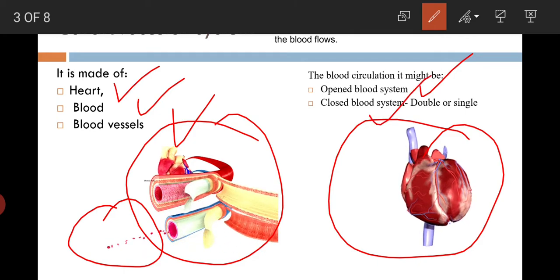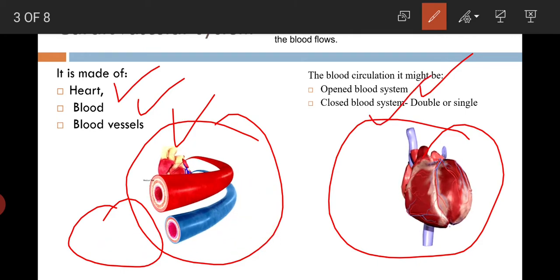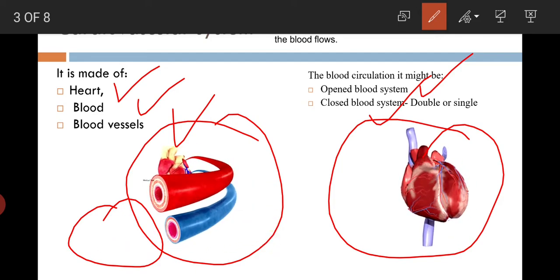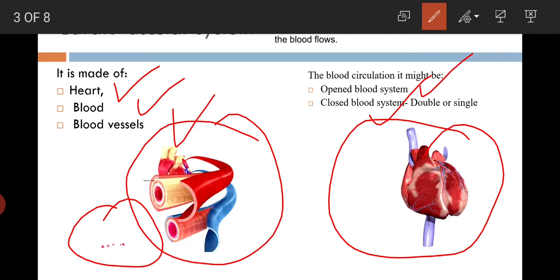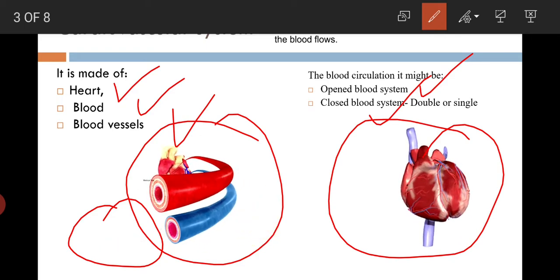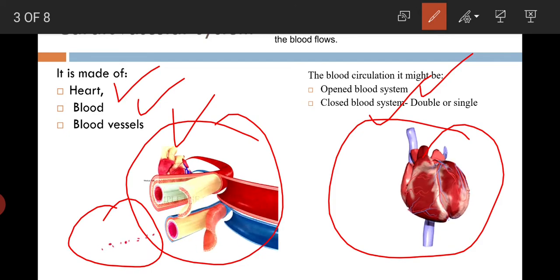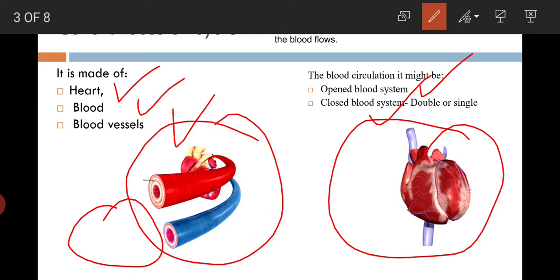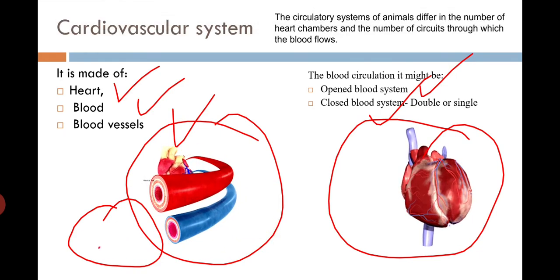Open blood system is seen in simple organisms in which blood is able to get out of the blood vessels to go to the tissues and transport oxygen and nutrients, while closed blood system might be a double or single closed system. Double means that the blood moves twice through the heart, and single means that the blood moves once through the heart.